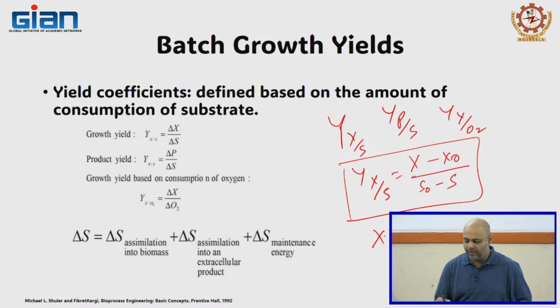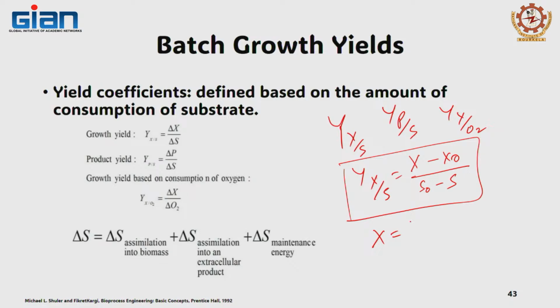So, if you know the yield, let us say you are provided with the yield, you have your Y x by S multiplied by S naught minus S, plus X naught. So, let us say if I give you the initial cell concentration, I give you what the yield of the cell biomass is and what was the substrate concentration before and what remained after.